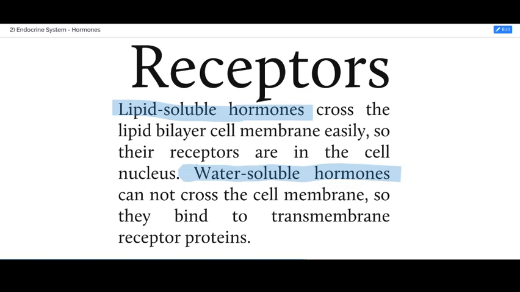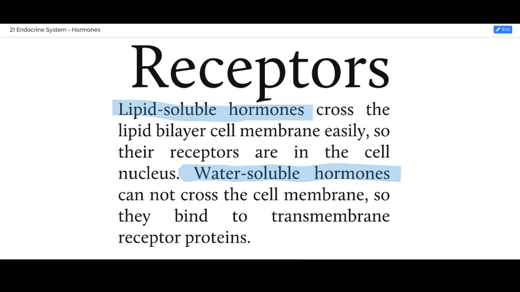The difference between the hormone receptors has to do with the solubility, in that lipid-soluble hormones can pass through the lipid environment of the cell membrane, and so those receptors are found inside the cell. Water-soluble hormones, however, since they can't cross the cell membrane, are going to bind with receptors on the surface of the cell, transmembrane proteins.